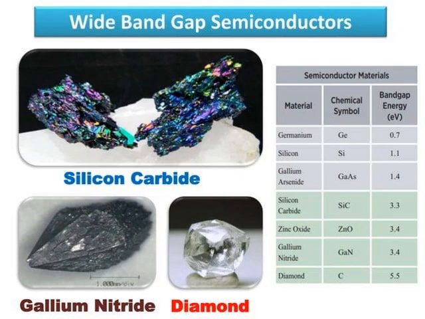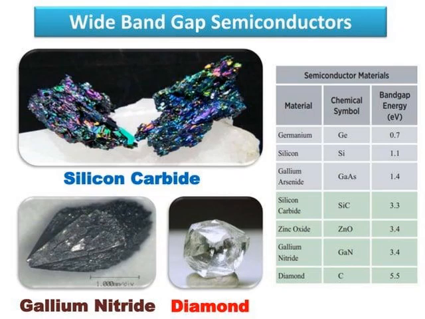We know that conventional semiconducting materials like germanium and silicon are usually used, and they have a bandgap energy of 0.7 and 1.1 eV respectively. This bandgap is nothing but the energy required for the conduction of the semiconducting materials.